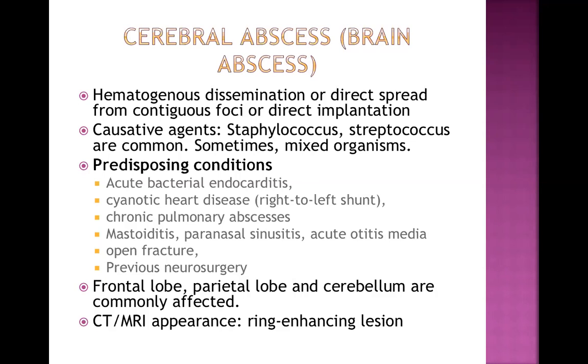If CT scan is not that confirmatory, you can go for MRI as well. And in CT or MRI, a ring enhancing lesion is seen. To see this ring enhancing lesion, we need to go for contrast enhanced study. That means you have to give contrast material first inside the blood, and then CT scan should be taken.